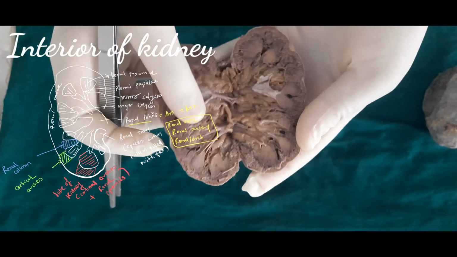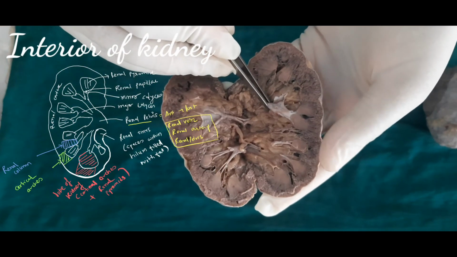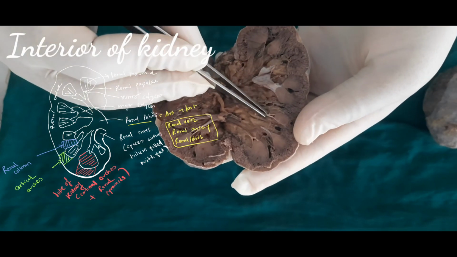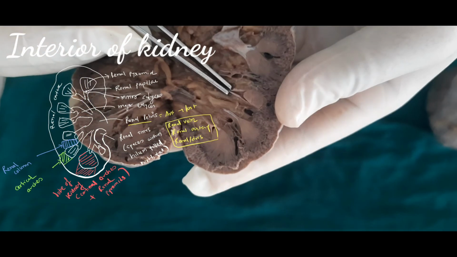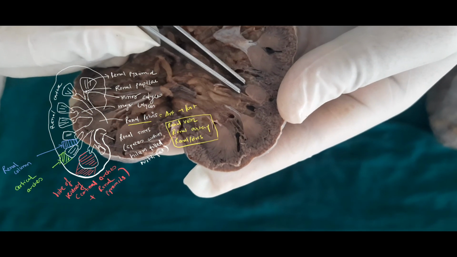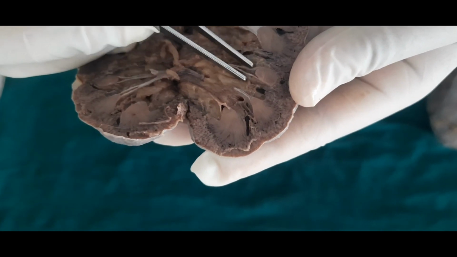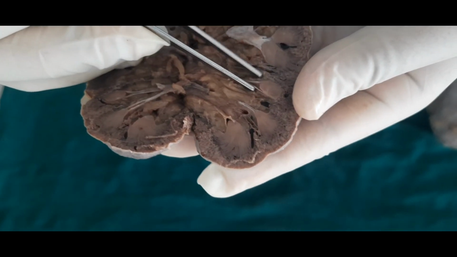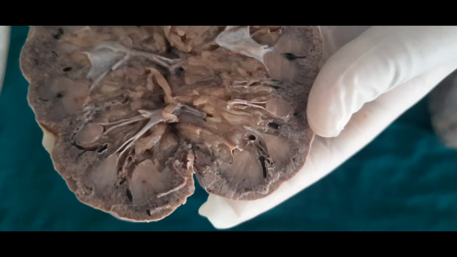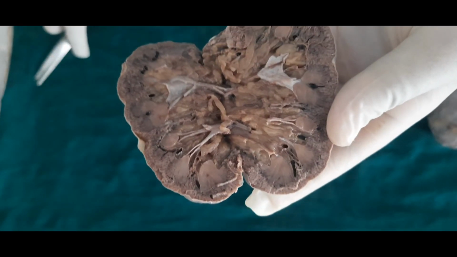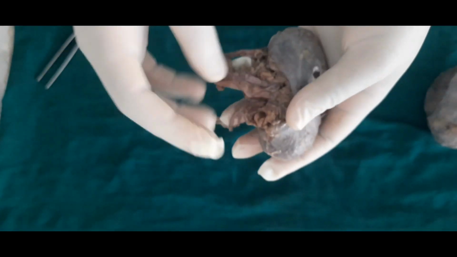The renal pelvis divides into the major calyces, which divide into the minor calyces. These are the minor calyces, and the minor calyces open onto the renal papilla at the apex of the pyramid. So this is the interior of the kidney. Thank you.